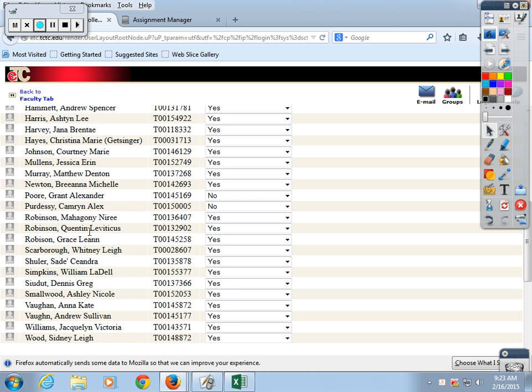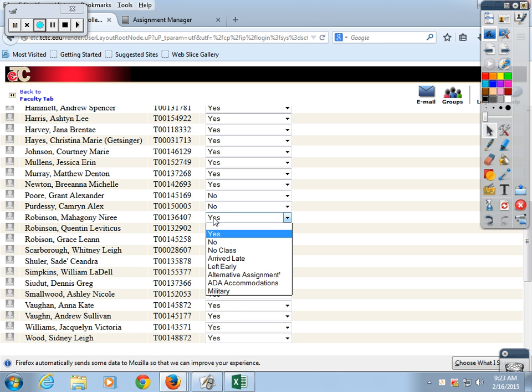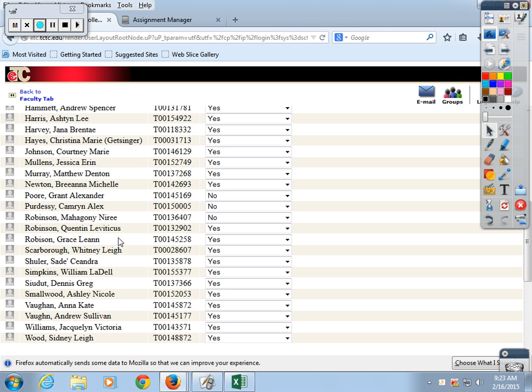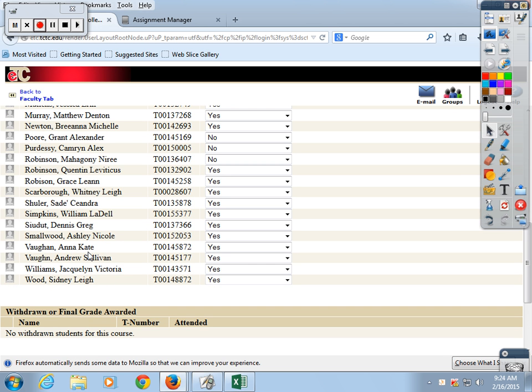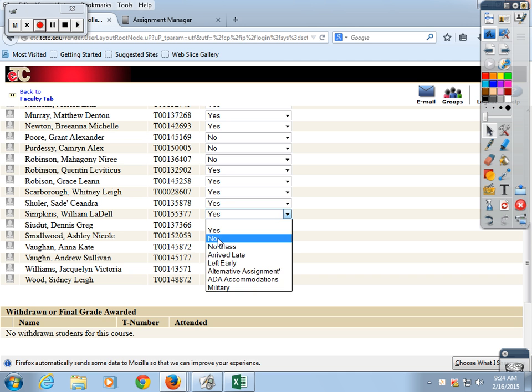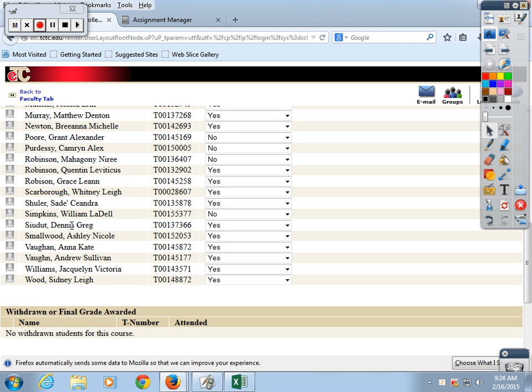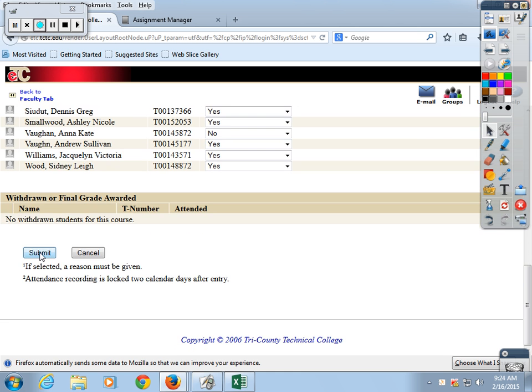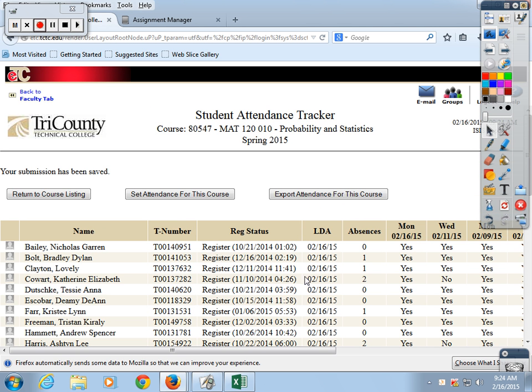I don't see her. That's Mahogany. Miss Scarborough's here. Schuler, Simpkins, no Simpkins. Dennis, Smallwood, Miss Bone. I'm looking for Miss Bone. She's not here. Williams and Wood. All right, let me show you right quick, and then y'all can go.